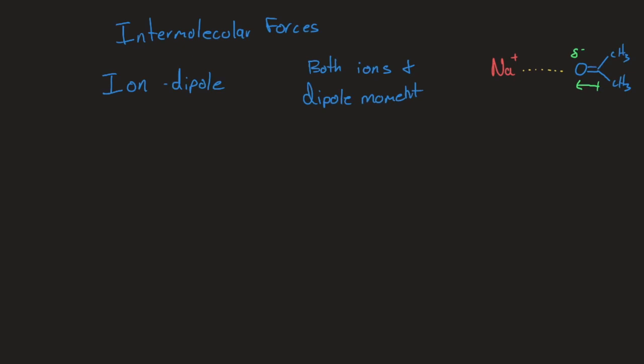The next strongest type of intermolecular force that we'll talk about is the hydrogen bond. And for hydrogen bonds to be present, there must be a hydrogen atom covalently bound to an electronegative atom.